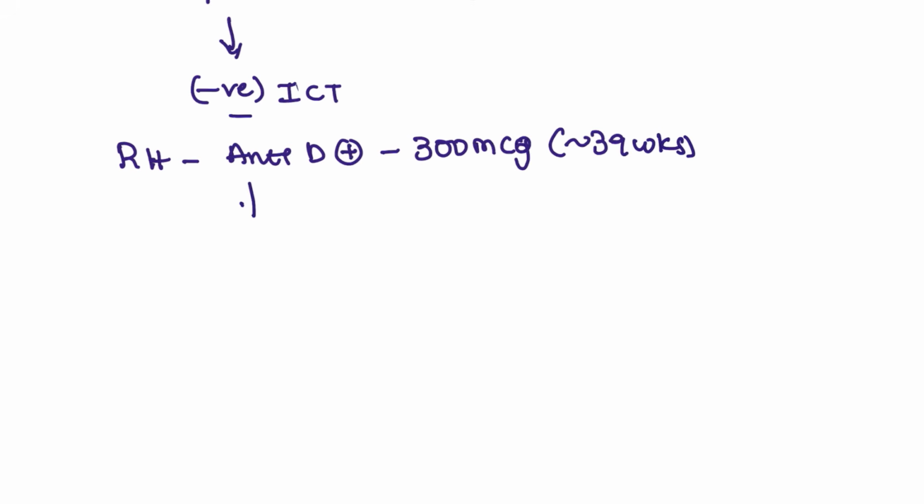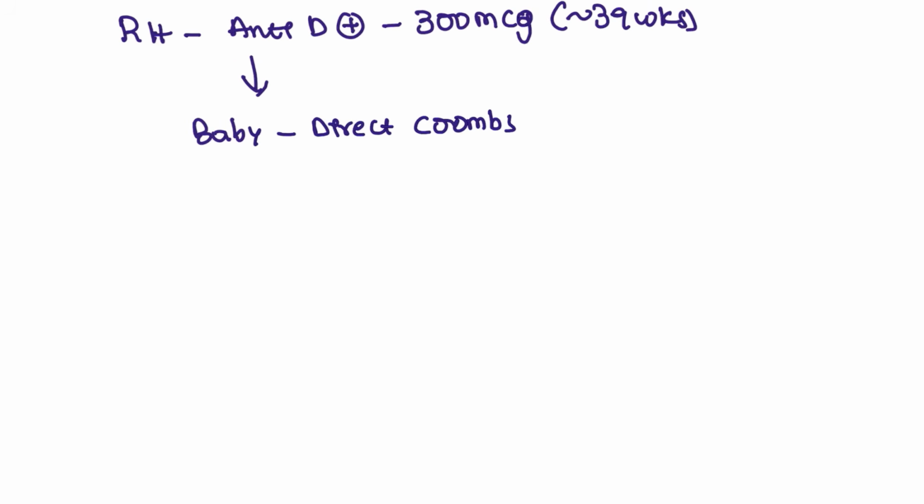Okay, and after the baby is delivered, the baby has to be tested for the direct Coombs test. Let's say this is also negative for the baby. Then we have to go for postpartum anti-D for the mother.